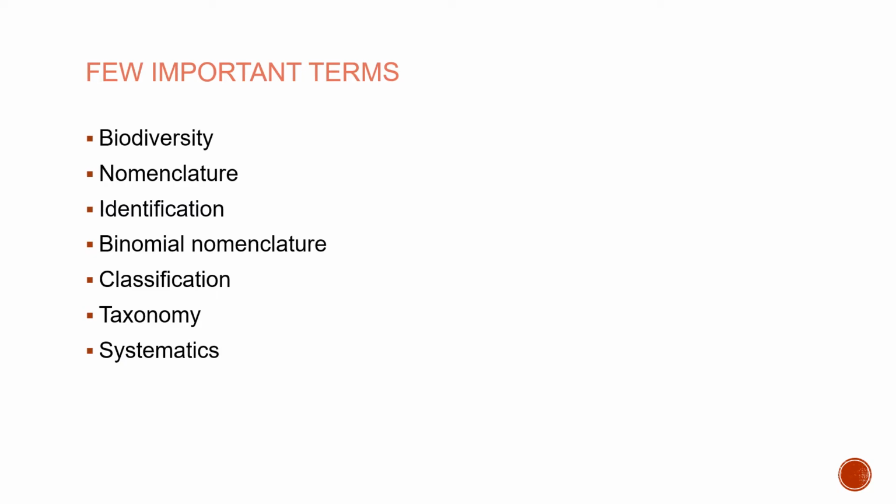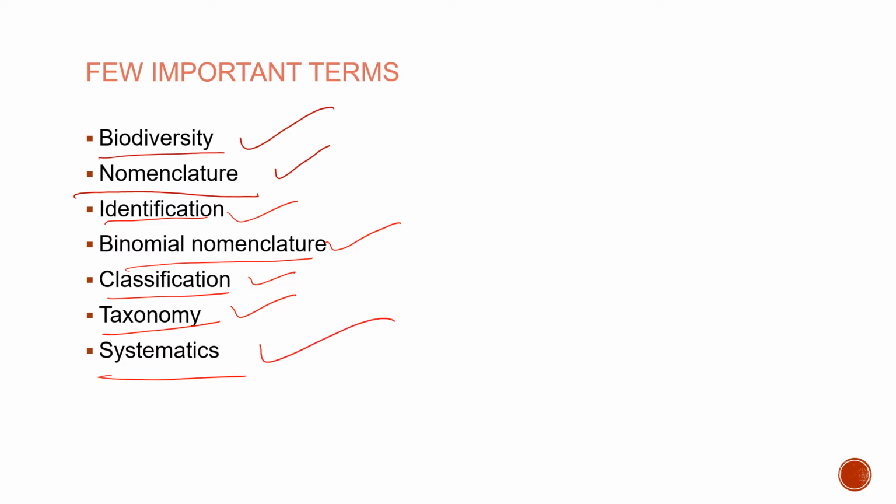Now, what are the few important terms that we are going to study in this biodiversity lesson? The first term is biodiversity itself. Next we will learn about nomenclature, then identification, then binomial nomenclature, then classification, then taxonomy, and then systematics. These are all very important terms when we are discussing the diversity in the living world.